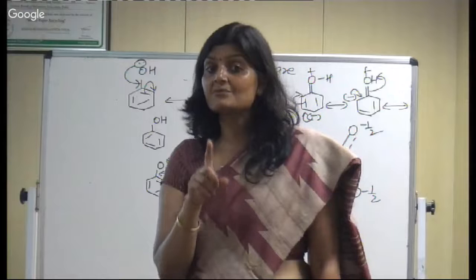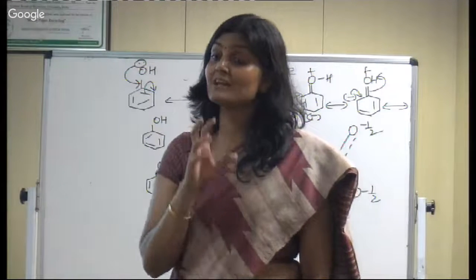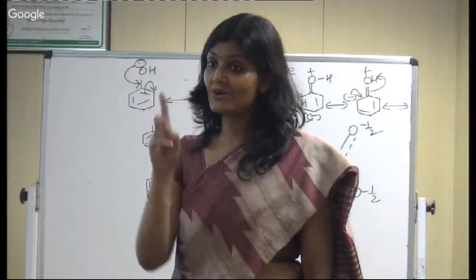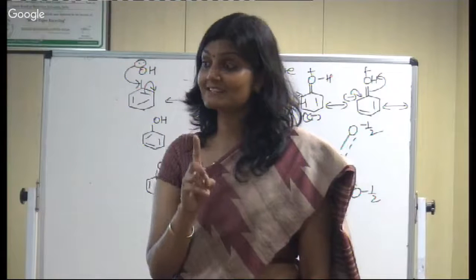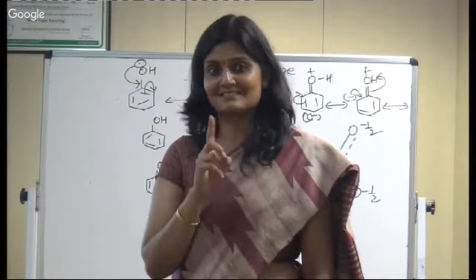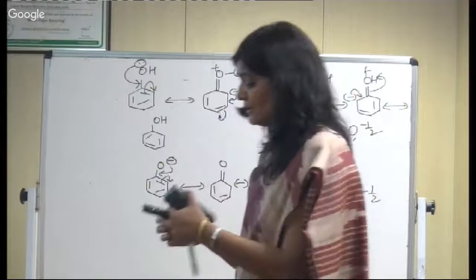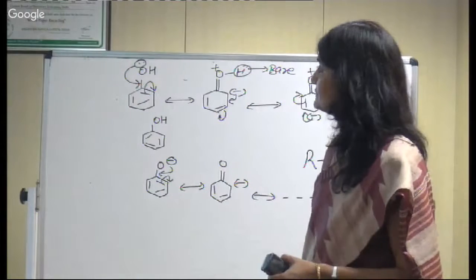Why I'm telling you this is, if you have to compare the acidity of, say, sulfonic acids, where there are 3 oxygens, with the carboxylic acids, you will find sulfonic acids will be stronger acids because there are 3 oxygens. Follow what I'm saying?